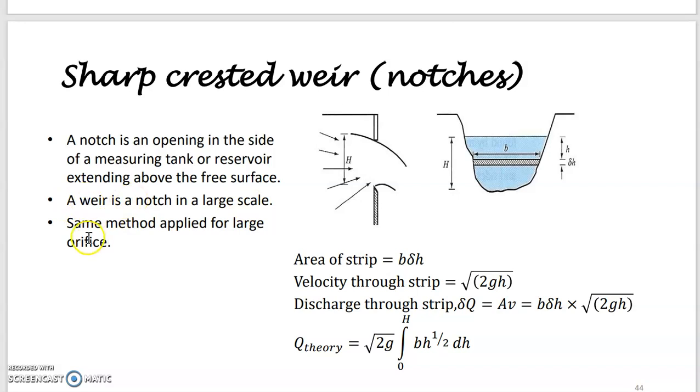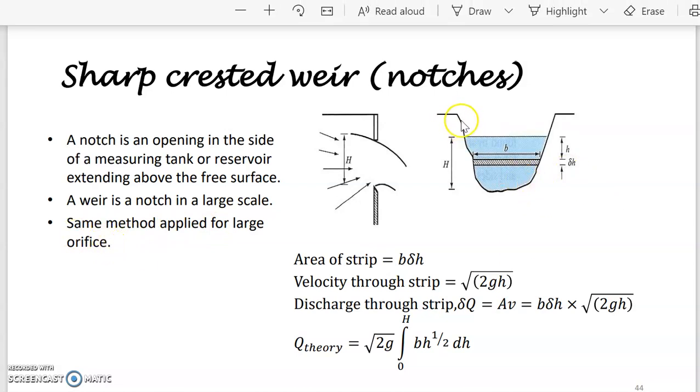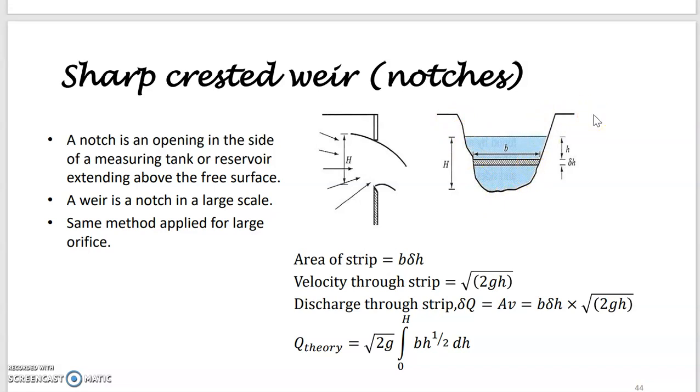Okay, so the same method applied for a large orifice. Here we have the side view of, we can say, a river. So this is the width with the difference of the height of the water level inside the river.